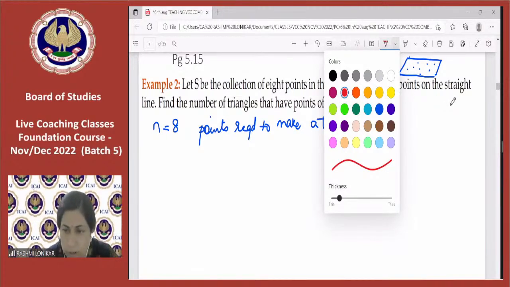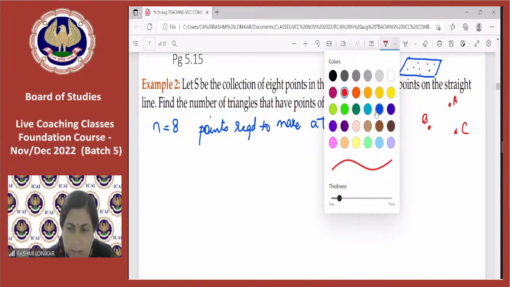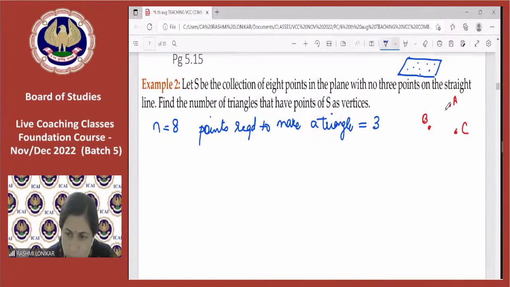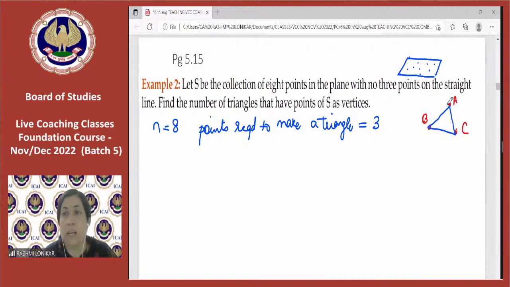Suppose I have points A, B, and C. Then can I make a triangle? Yes, I can make a triangle like this. So to make a triangle, how many points do I need? 1, 2, and 3.